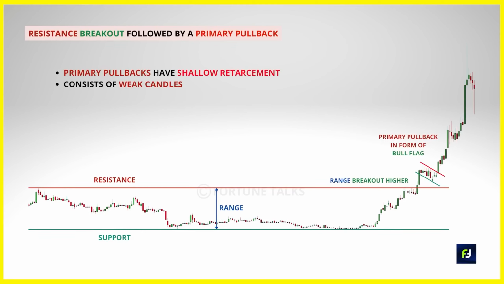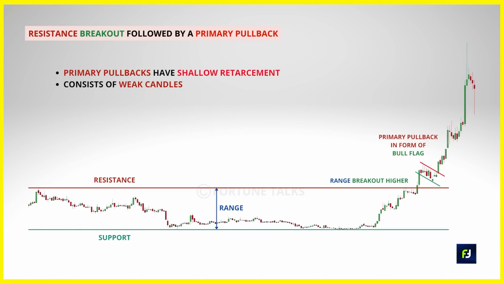When the market finally breaks out, the traders who missed the breakout move can wait to enter the market at the first indication of a pullback. These primary pullbacks usually have a shallow retracement as not many traders want to trade against the strong momentum. And this presents a pullback trade with a very high probability.